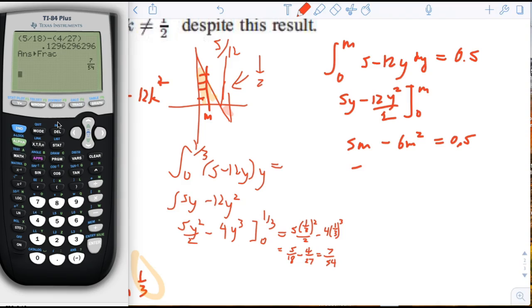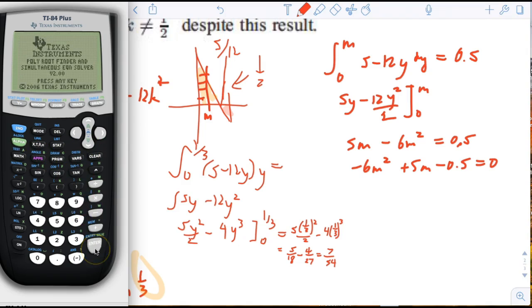Now we're going to have a quadratic. So minus 6m squared plus 5m minus 0.5 equals 0. Now we can figure out what m is by going to the polynomial root finder and next, and -6, 5, -0.5.